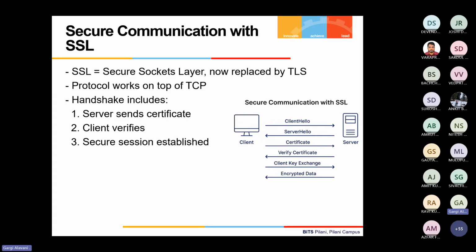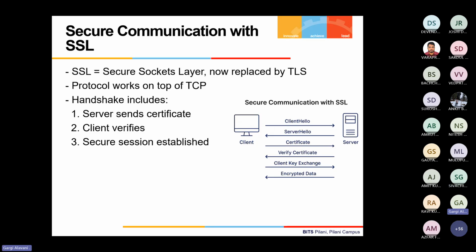So, how does SSL work? It works through handshaking. Before the communication begins, SSL first does the handshake between the client and server. The client will contact the server and say, I want to initiate the connection. The server will then respond with its digital certificate, which has its public key.